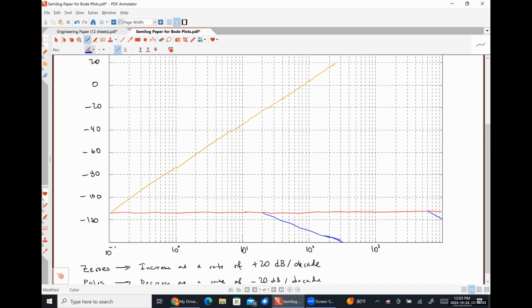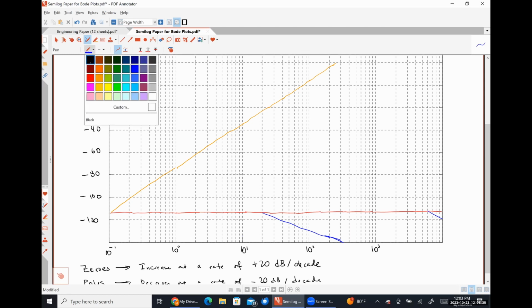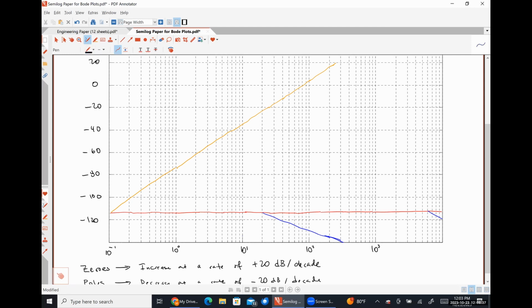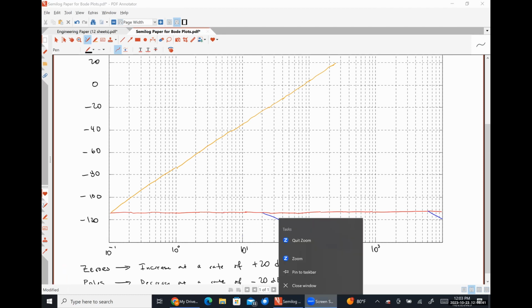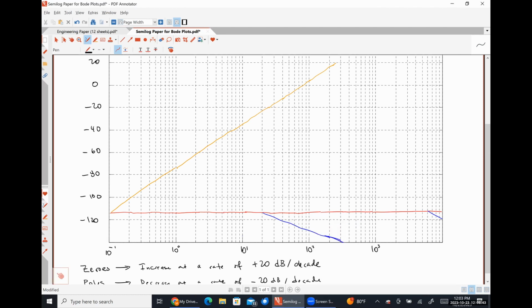So when we're trying to put all this stuff together, we should effectively see that up until we hit this point roughly, we're increasing at a rate of 40 decibels per decade. Now we're about to shave 20 decibels per decade off because we hit our first pole.